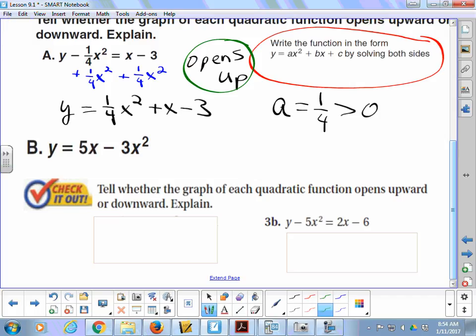Letter B, y equals 5x minus 3x squared. Does this graph open up or down? And why? All we have to do is look for the x squared term. As long as y is by itself, we just need to look for the x squared term and find a. So we could rewrite it.